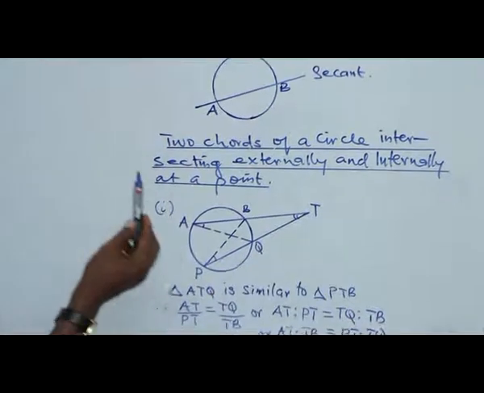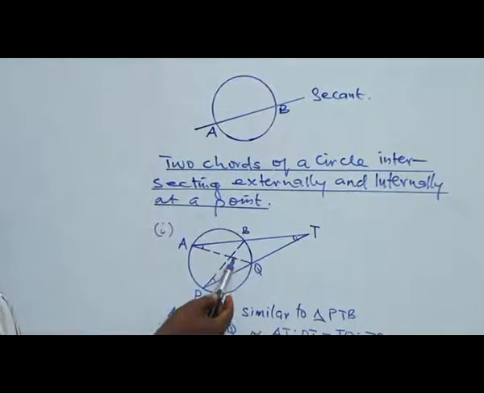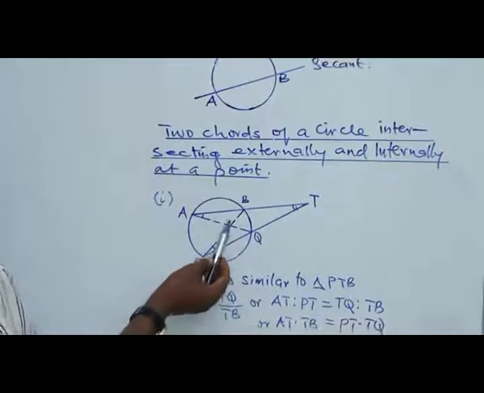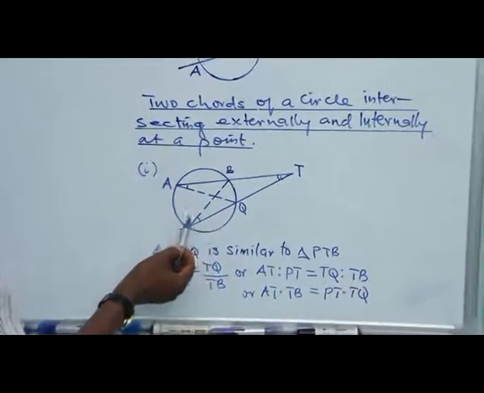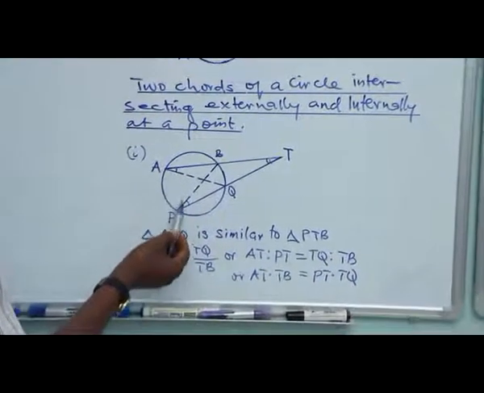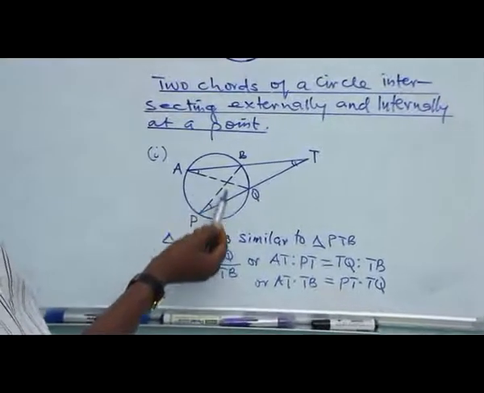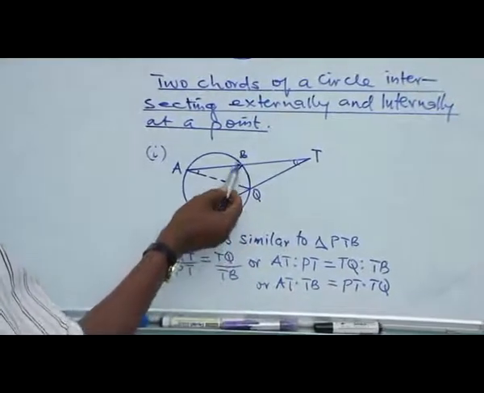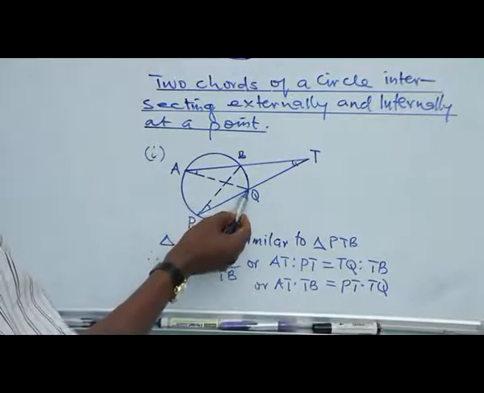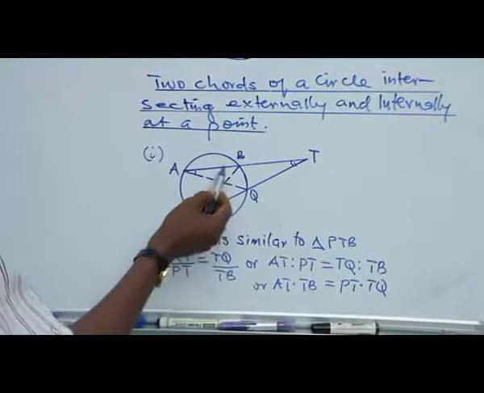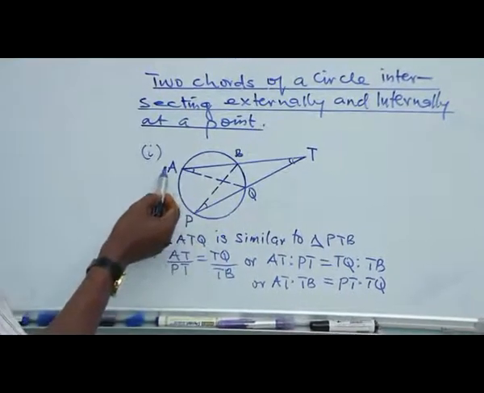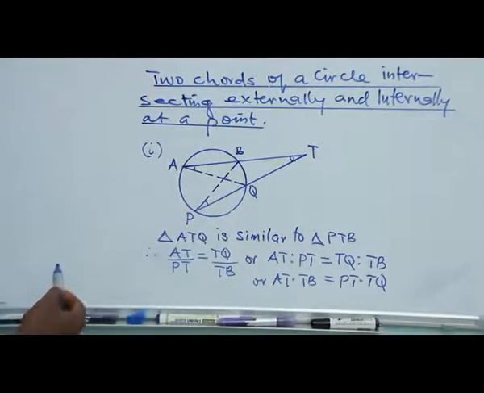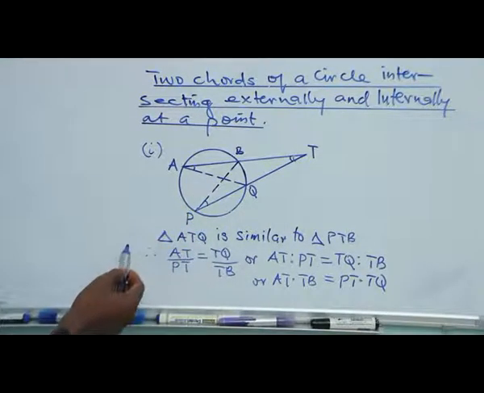And then, of course, you will recall in our earlier discussion of circle geometry that angles on the same segment are equal. If you see now that BQ is a chord, and then this angle and this angle, they are angles in the same segment, and therefore they are equal.